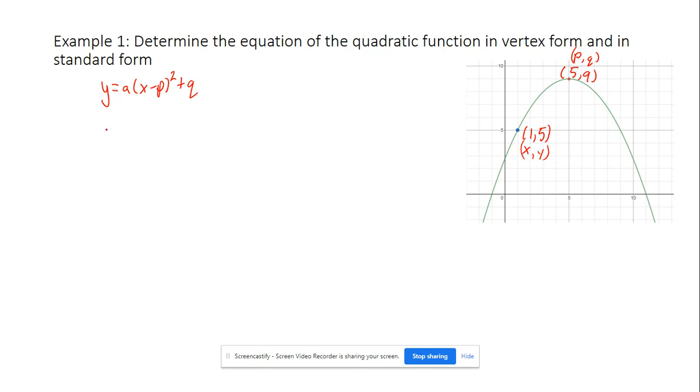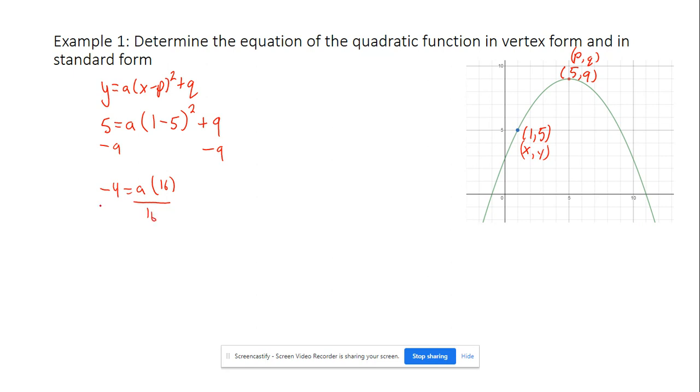So we're going to plug in everything we know. y is 5. We do not know a yet. x is 1. Our p is also 5, squared, plus 9. So I'm going to go minus 9: negative 4 equals a. 1 minus 5 is negative 4, squared is 16.